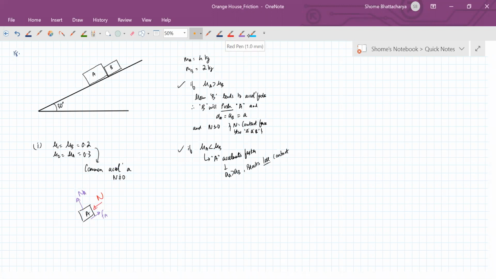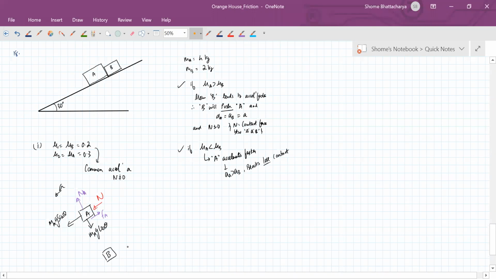And B's free body diagram: this normal reaction will be like this.